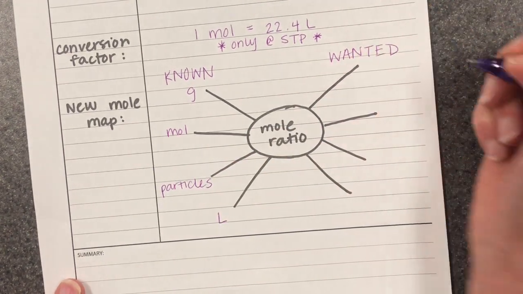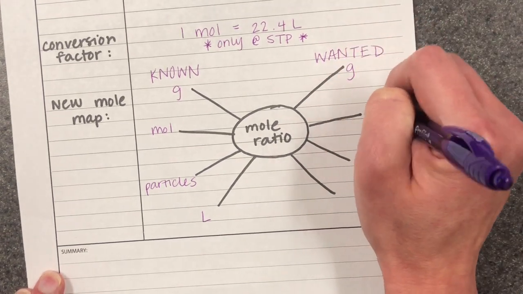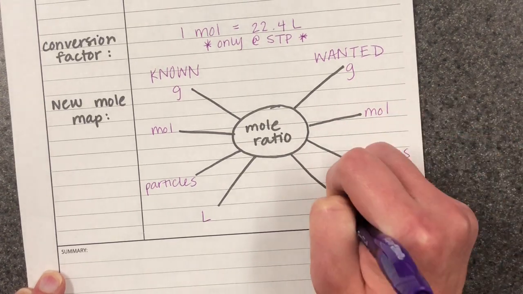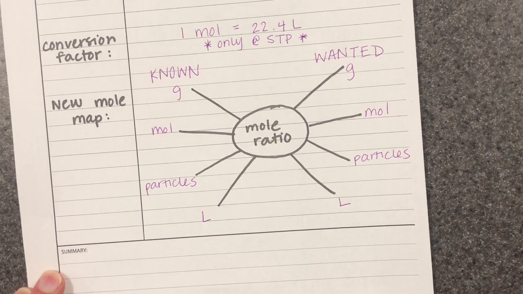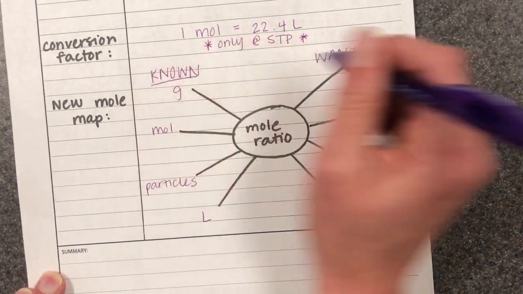Same thing over here. Our answer that we want could be grams, moles, particles, or now we could calculate a volume in liters. And we know that the mole ratio is the link between my known substance and my wanted substance.